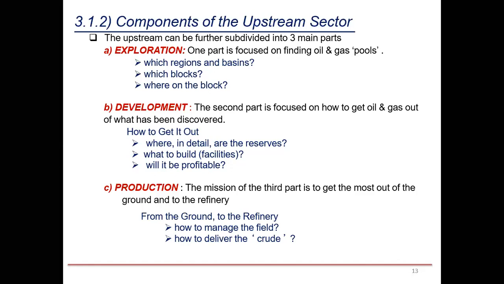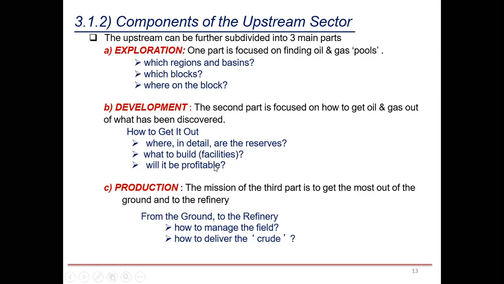Okay, so in the development section, in detail, how much are the reserves, how many facilities you are going to put, will it be profitable or not? For example, a company is ready to invest $1 billion in the region. $1 billion for an investment is a big amount. So how much can they take out from this $1 billion?